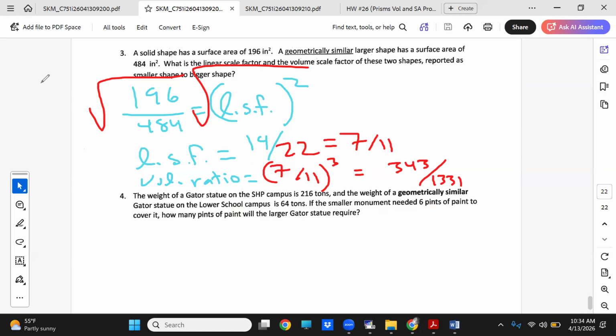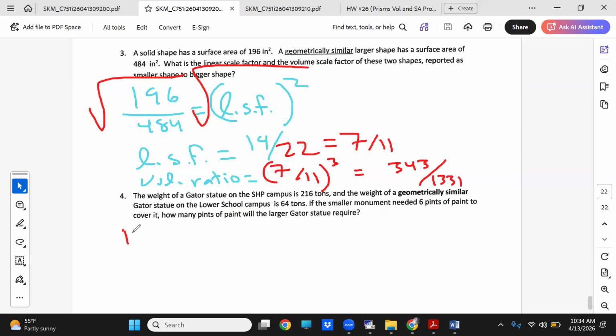Weight's going to be very similar to volume. Yep, because you're putting it on the surface, you're not filling it up, right?